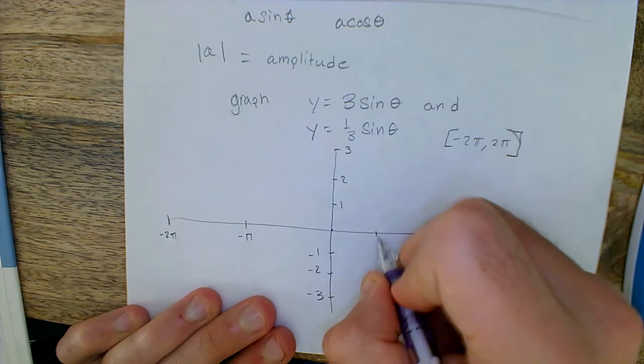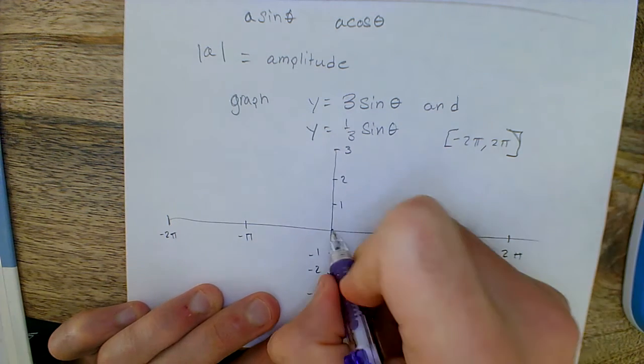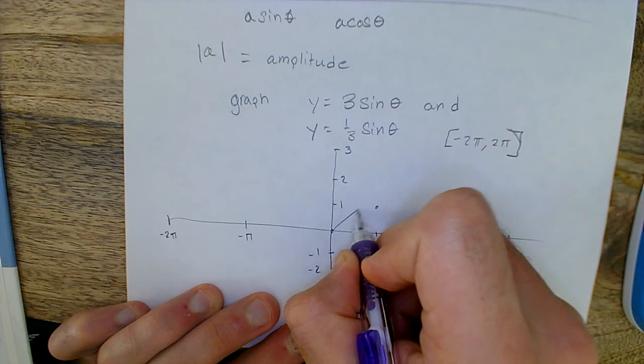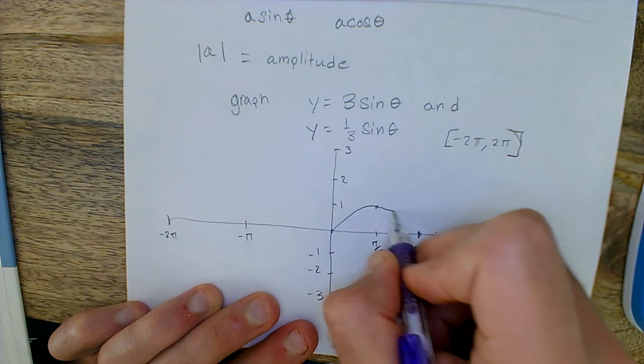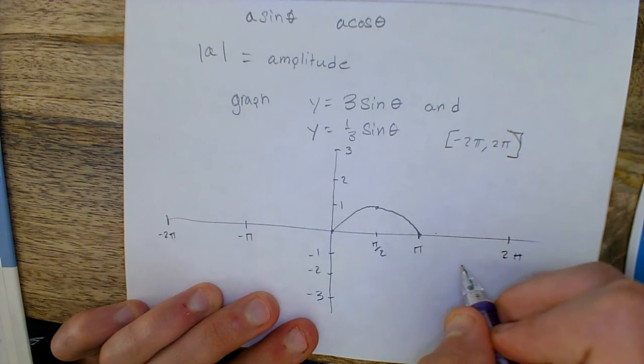So remember the sine function, well, it starts out here at 0, and then at pi over 2 goes to 1. So right now I'm just graphing the regular sine function, just y equals sine theta.